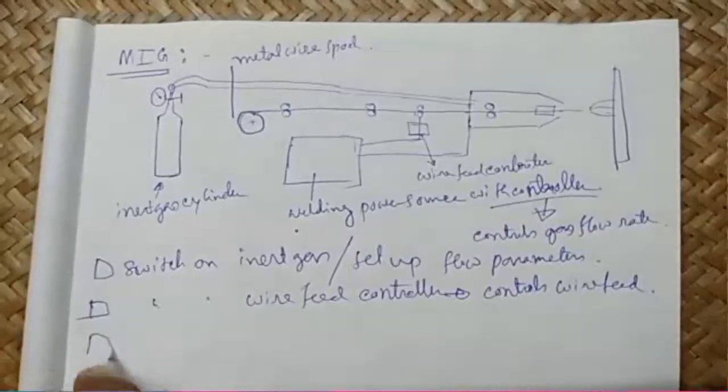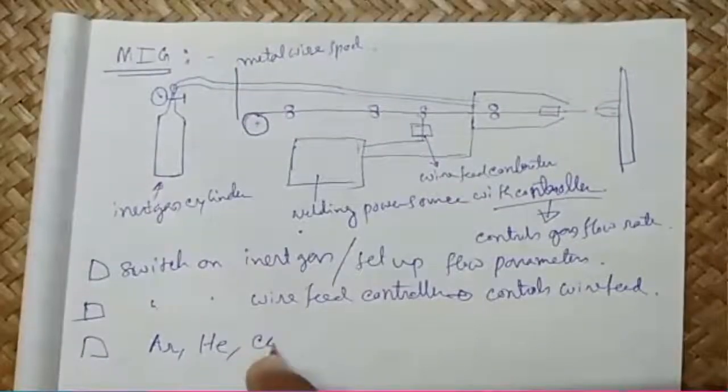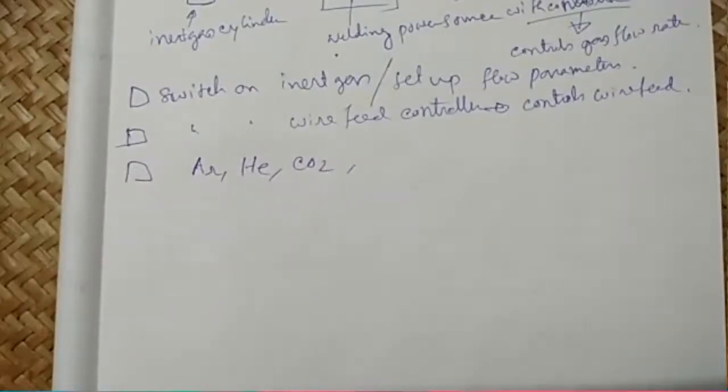Here argon is used, helium is used, CO2 is also used. This is a consumable electrode process. Now the principle of operation is such that whenever you turn on the machine, first you need to set the gas flow rate and the wire feed rate, otherwise the machine will not work.